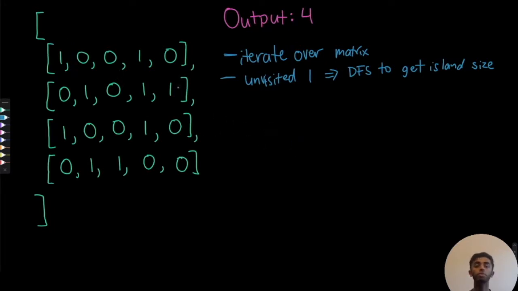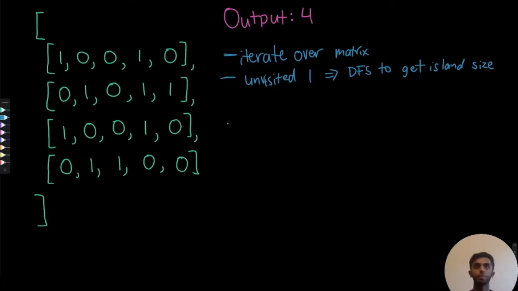Or if we're allowed to modify the input, we can just change these values to zeros as we traverse them, because we'll never need to traverse them again. In an interview, you want to make sure to check with your interviewer and ask if it's okay to modify the input. Sometimes it isn't, and if that's the case, then you should go with the visited matrix solution or another solution.